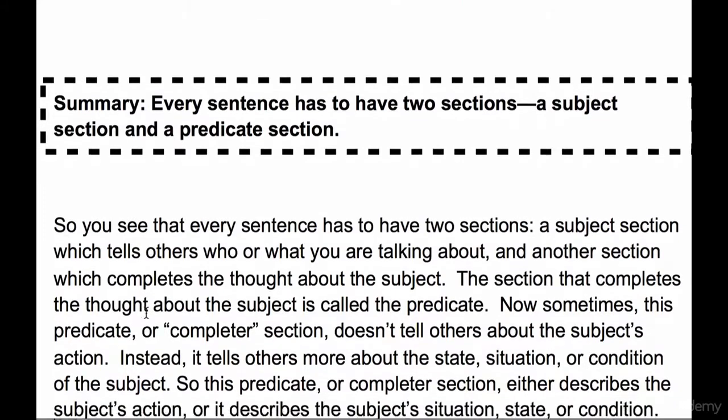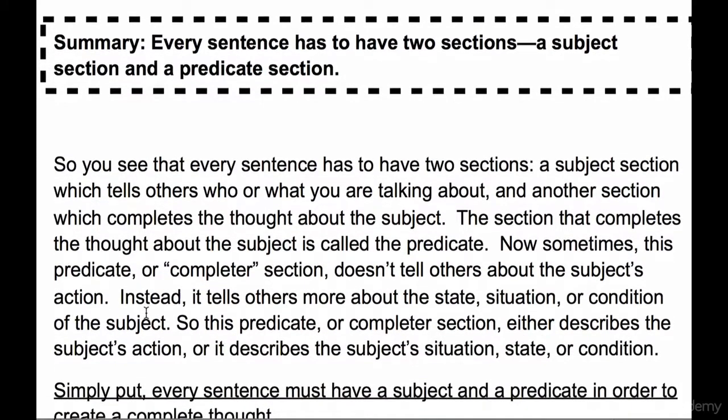A subject section, which tells others who or what you're talking about, and another section which completes the thought about the subject. The section that completes the thought about the subject is called the predicate.